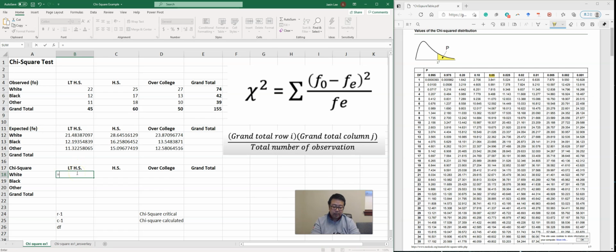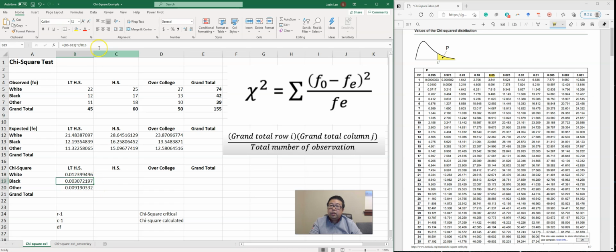Then we can start from the parentheses and this number minus the expected frequency of the less than high school in the white. Okay, close the parentheses, square it, divided by expected frequency. In this calculation, we are not changing the address of the number, so we can just apply the toggle here like this.